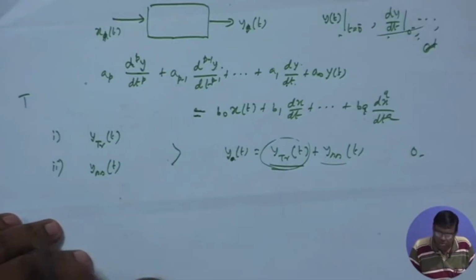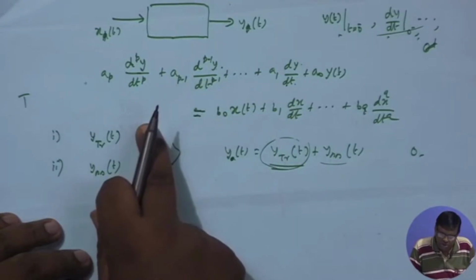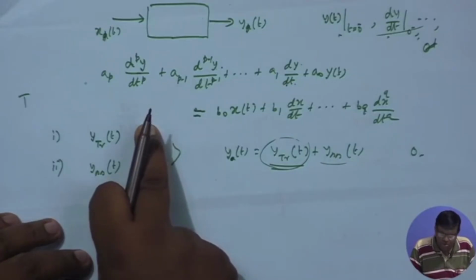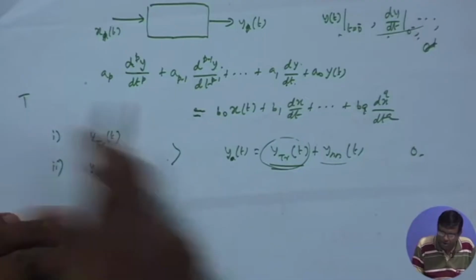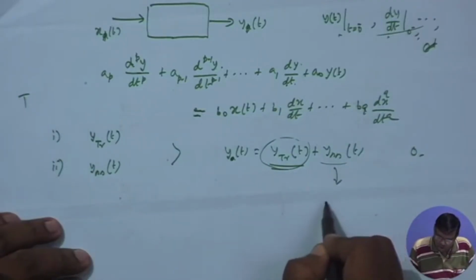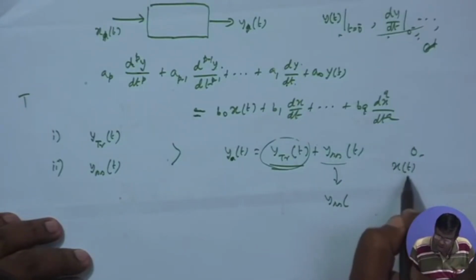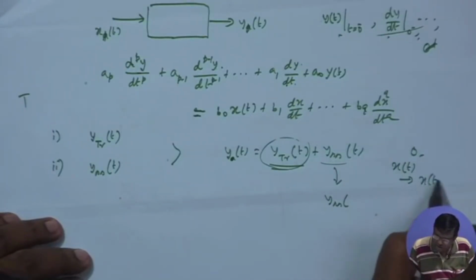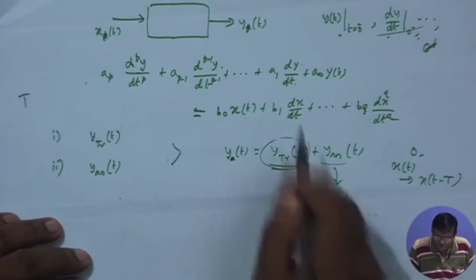Now, suppose non-zero initial conditions are present. I switch on the system at t equal to 0 plus, but give the input after t amount of time. Then what happens? Contribution due to the input will be delayed. If x(t) is delayed by t, this part will be delayed, as you have already seen.